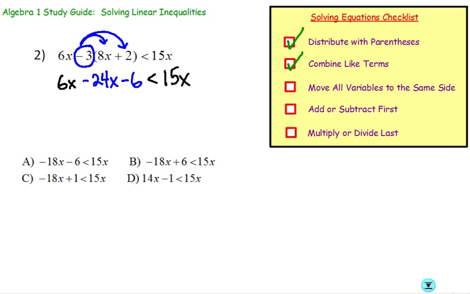So, for instance, if I took a positive 6x and a negative 24x, and I put those two together, how much would I have? Well, when we think about positives and negatives, when we're adding, I encourage you to think about points. This is something you'll hear us refer to, the positive team and the negative team.